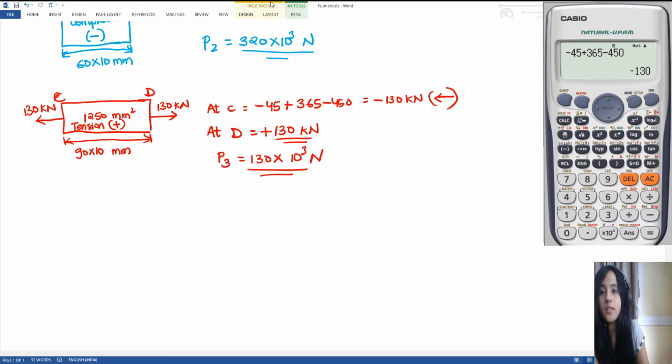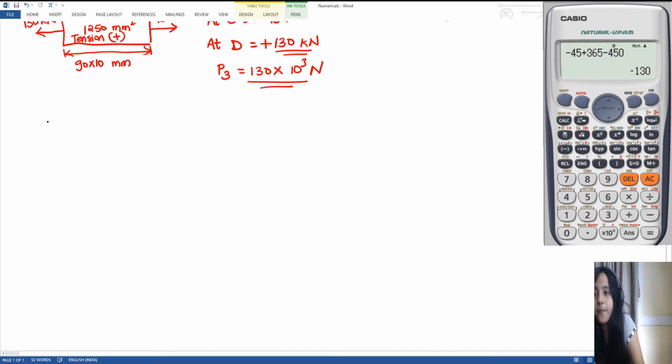Now let us find the total elongation. Total elongation del L will be equal to del L1 plus del L2 plus del L3, right?